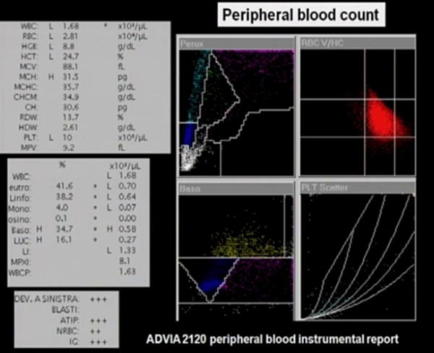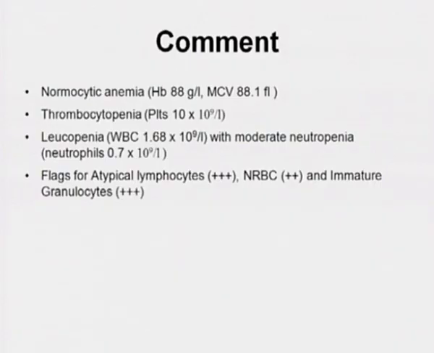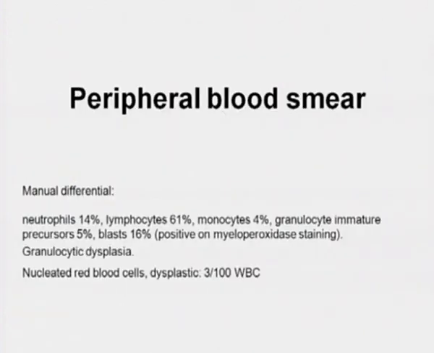the morphological flags. Obviously, you can never perform a diagnosis without going to the slide. This is for sure. But you can make the screening by using the system. So we have normocytic anemia, thrombocytopenia, leukopenia, flags for atypical lymphocytes, RBC, and immature granulocytes.